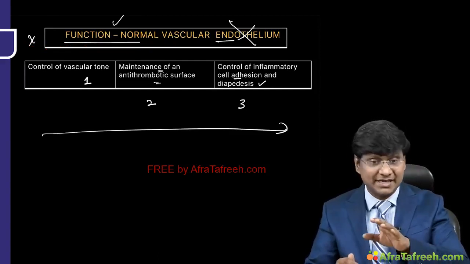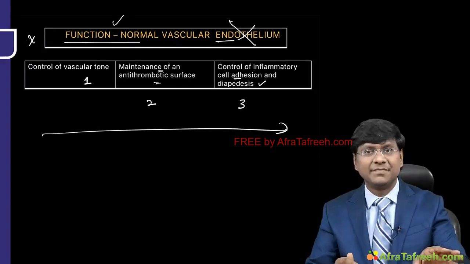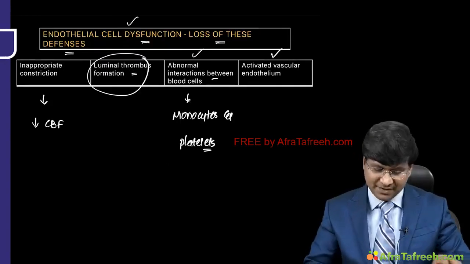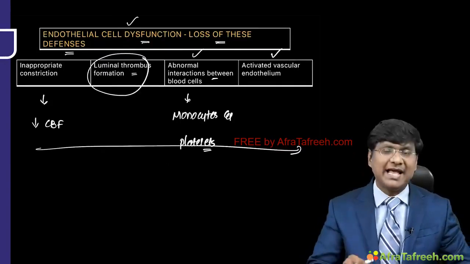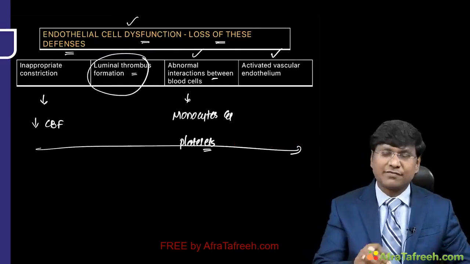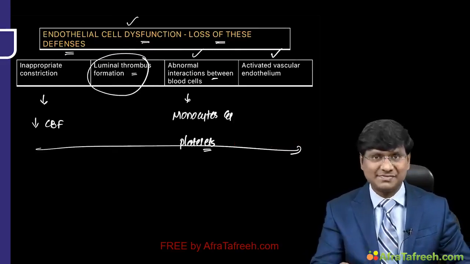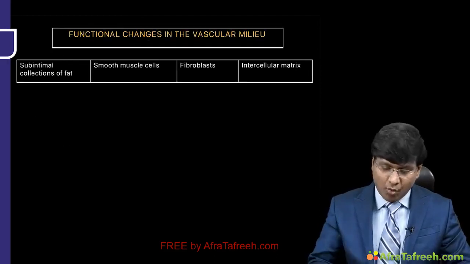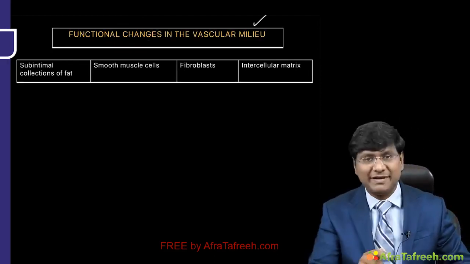Atherosclerosis development is disturbing the vascular endothelial function, and these are the events that will happen because of the loss of defense mechanisms, and thereby what will be the effect in the blood vessel.